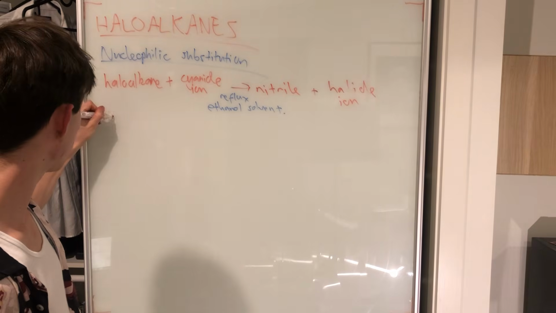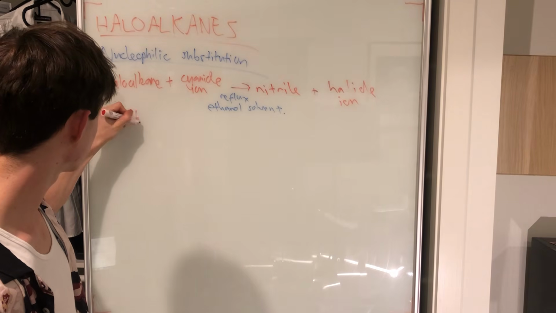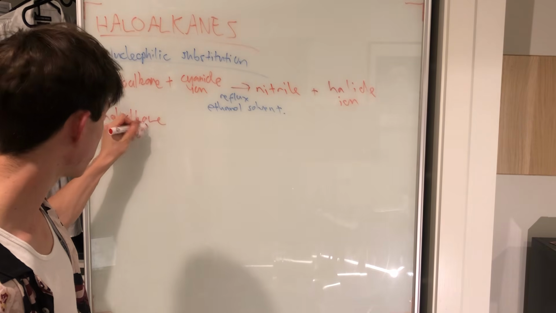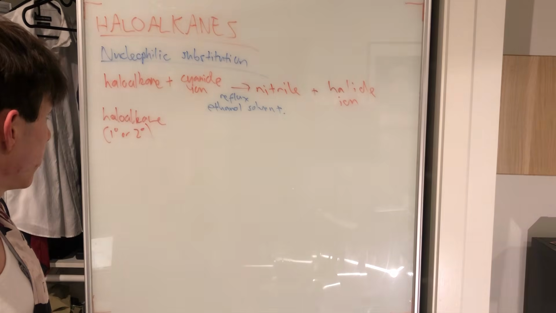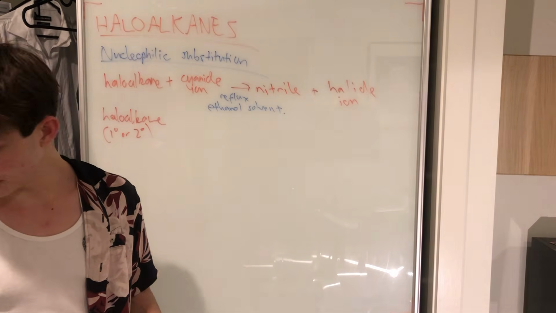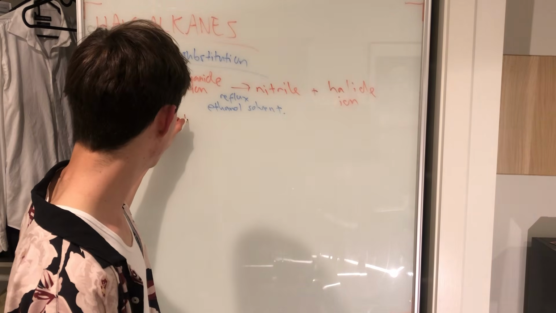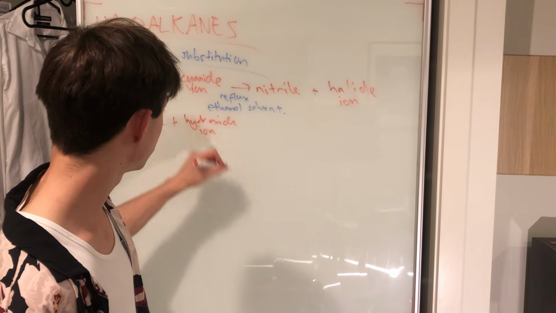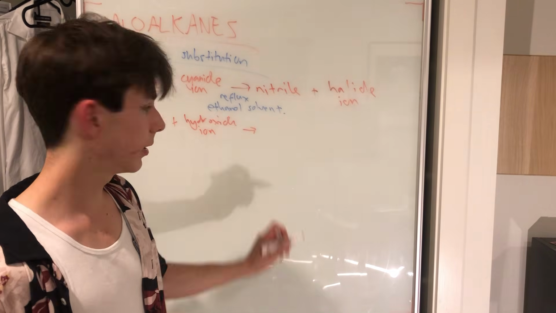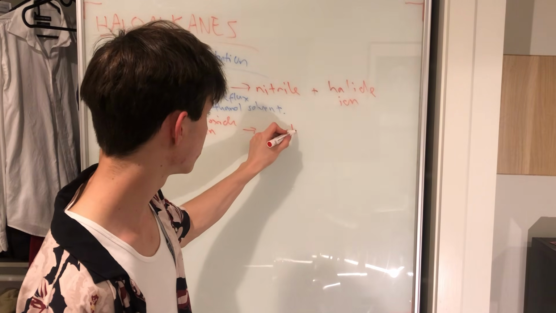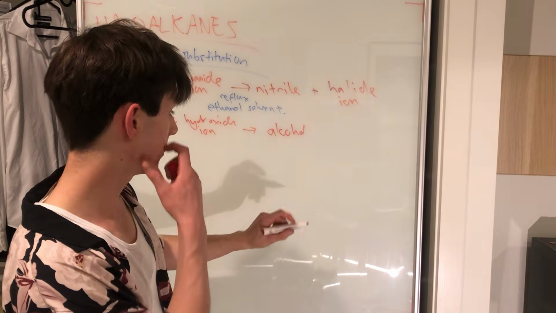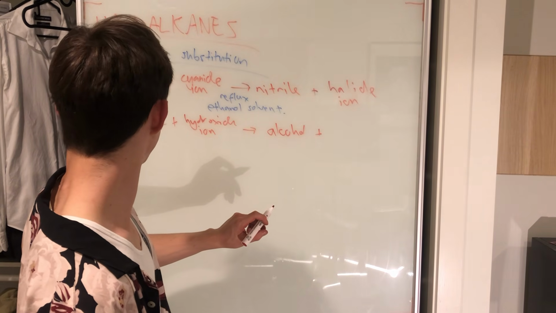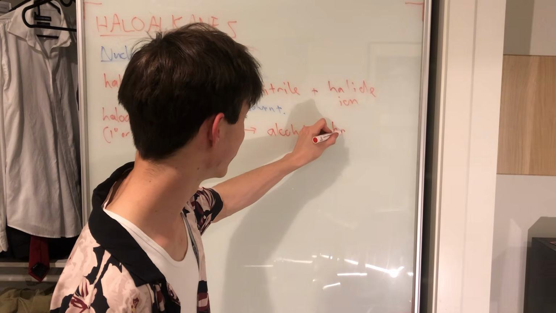So haloalkane, and that is a primary or secondary, not tertiary, plus hydroxide ion gives you an alcohol plus a halide ion, of course, yeah.